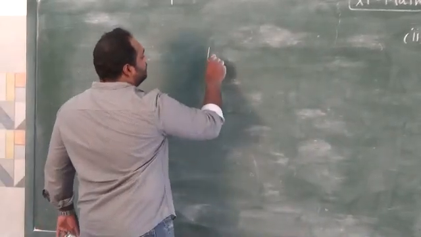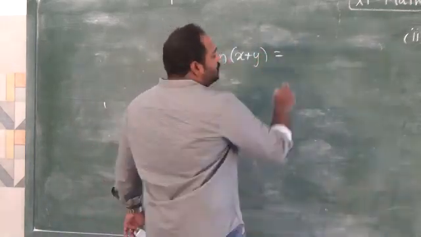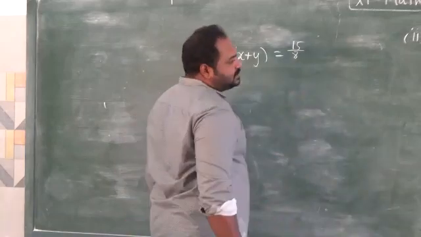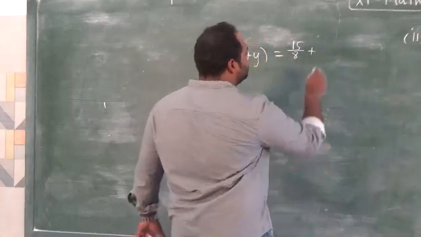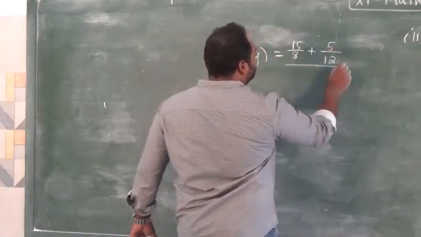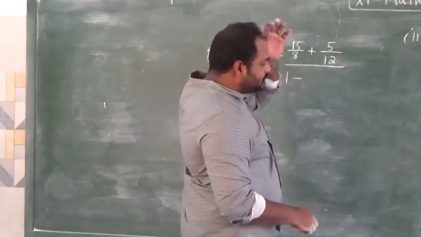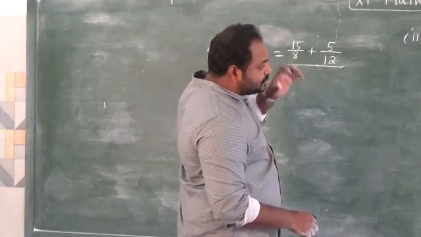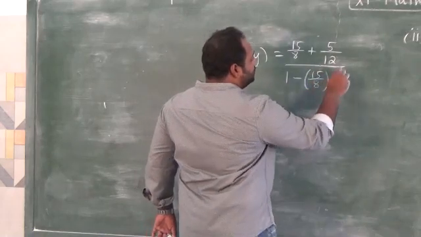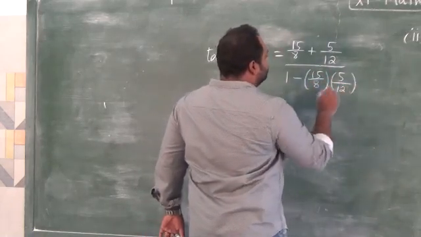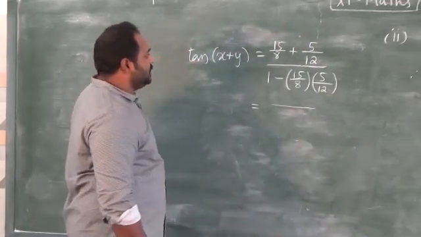So tan of x plus y equals, applying the values, tan x value 15 by 8 plus tan y value 5 by 12, divided by 1 minus 15 by 8 into 5 by 12. So here we have a common denominator.